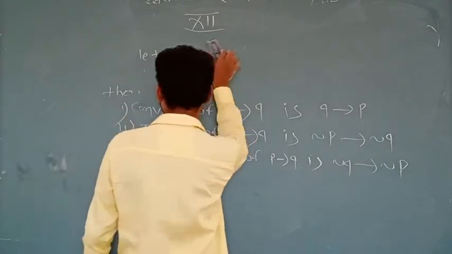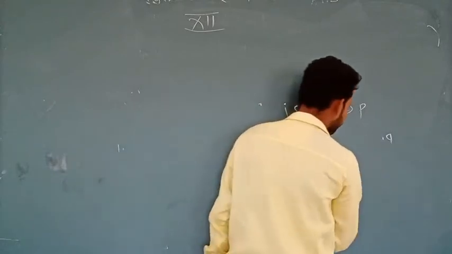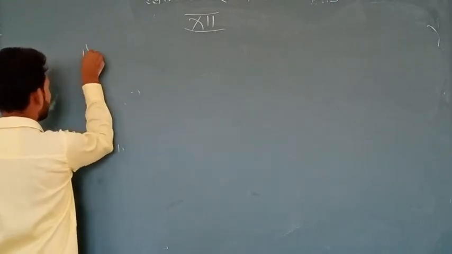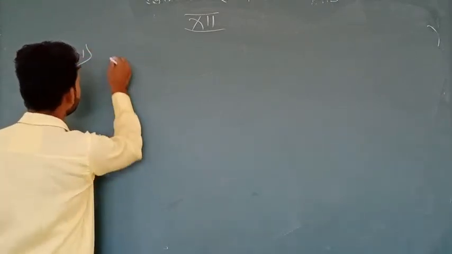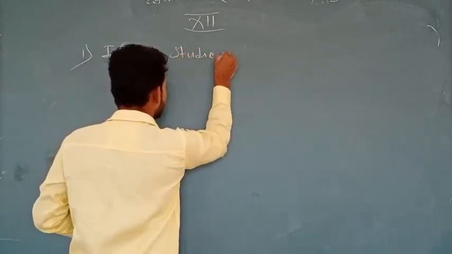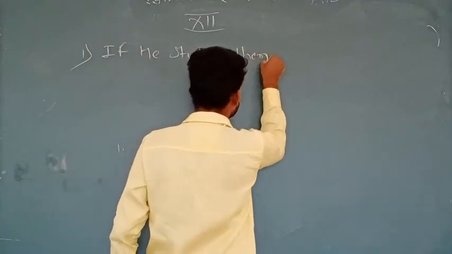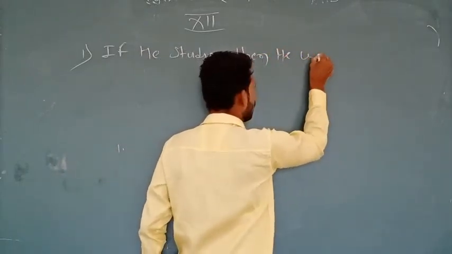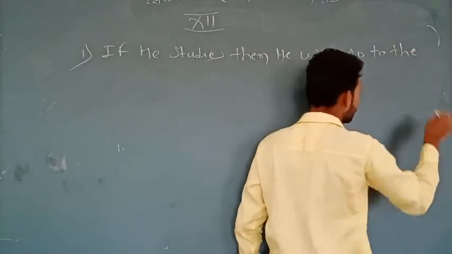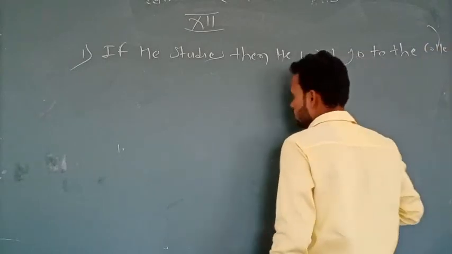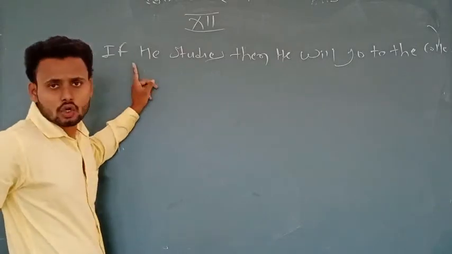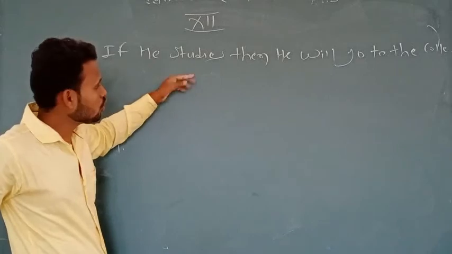Now let's take one example based on the converse, inverse and contrapositive. For that we want a conditional statement. For example, if he studies, then he will go to college. The question is: write the converse, inverse and contrapositive of the following statement.